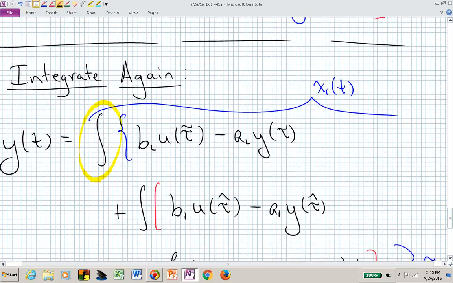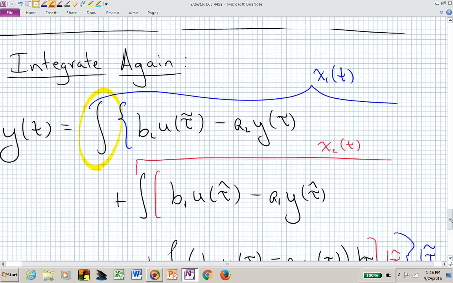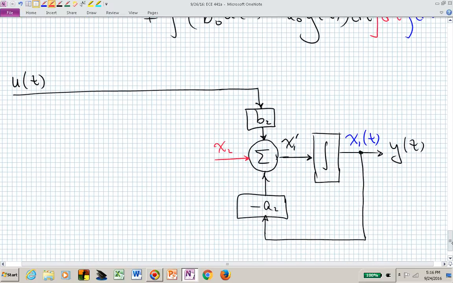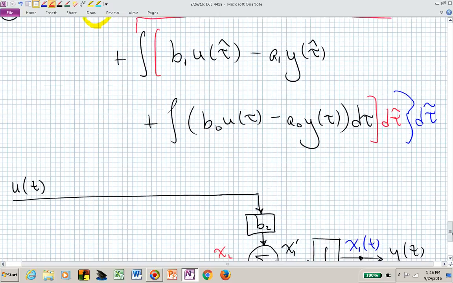And then what do I have? Well, then I have the output of this integrator, which I'm going to label as another state variable. I'm going to call that x sub 2 of t, meaning right here is x sub 2 of t. So that now I've created x1 prime. The output of that summing junction on the right is b sub 2 u minus a sub 2 y plus x sub 2, which is the output of that middle integrator.